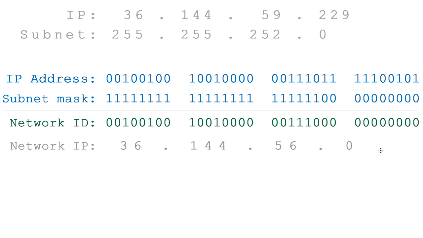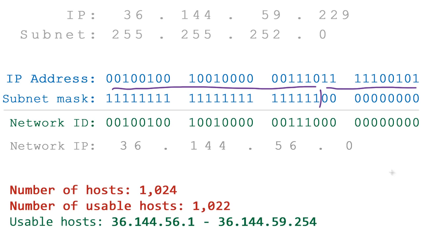And once we have this information, then let me just say, okay, so this is the network portion of your IP address. This is the host, and what that means is that we have, let's see how many bits, 10. So 2 to the 10 is going to give us that.